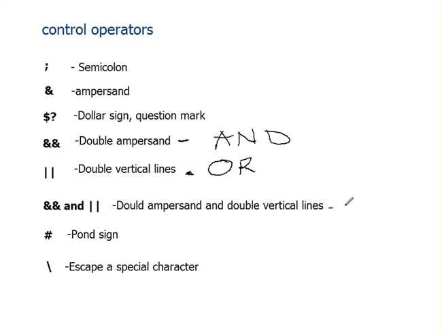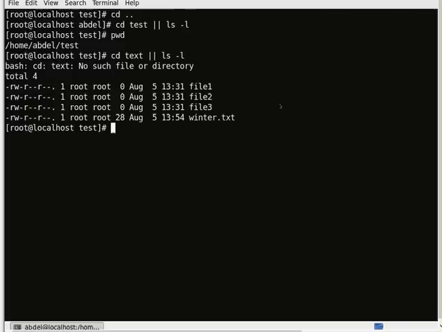If it's blue, then go ahead and turn blue. But if it's red, then go ahead and turn red, for example. Let's check how it works in the shell.